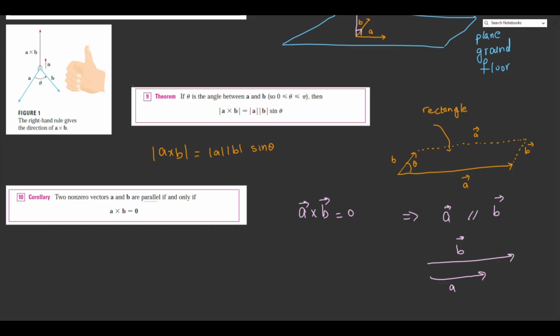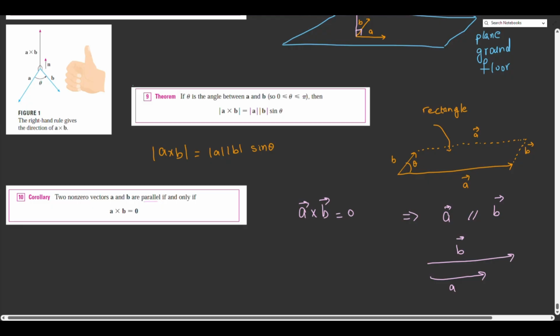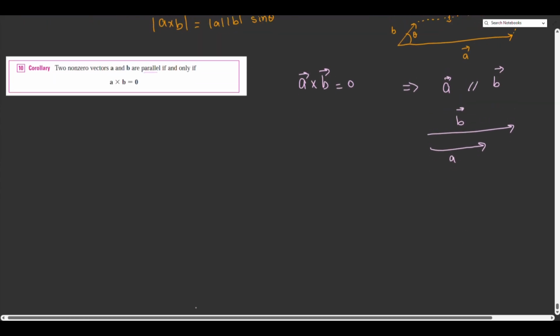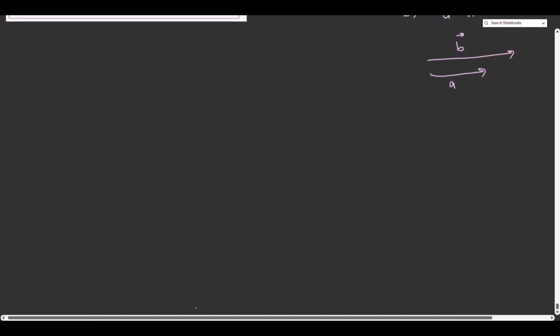The next thing you need to understand is the geometrical interpretation of the cross product. I have made this figure, but I will do this one more time here.